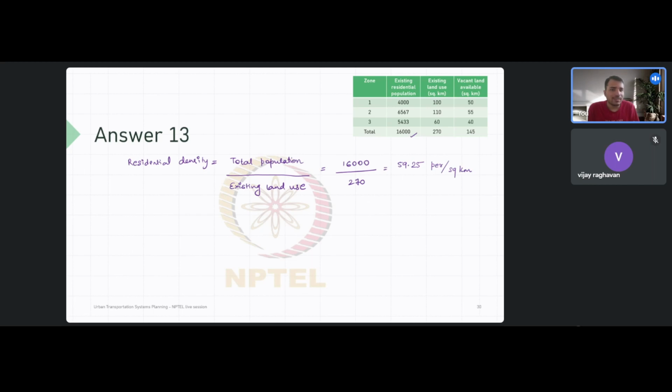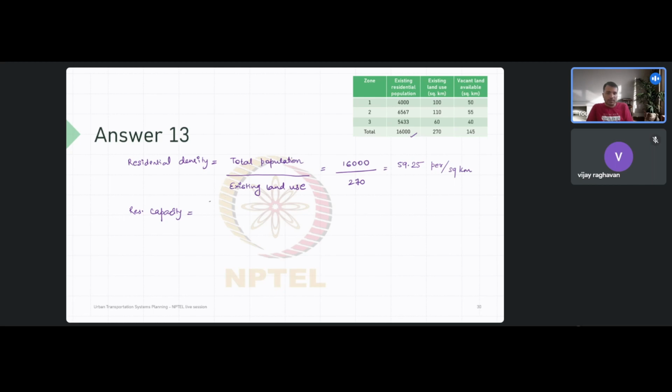Now, what we have to find is residential saturation. How many people can the city accommodate more? And then compared to that, how many people are living? That will be the saturation. So let's say the city can accommodate 100 people, and now only 50 people are living. So saturation is 50%. So we should find the residential capacity.